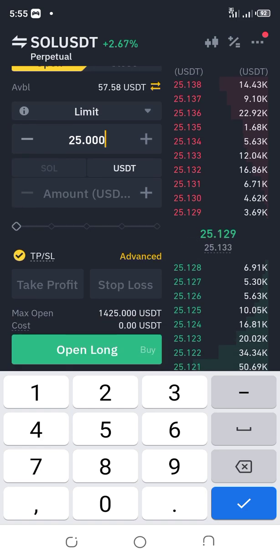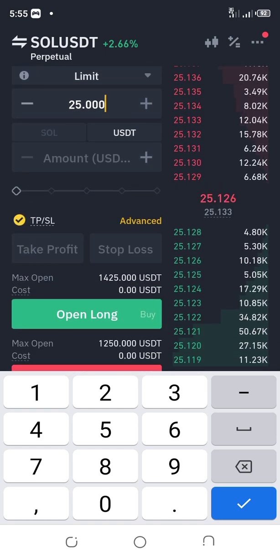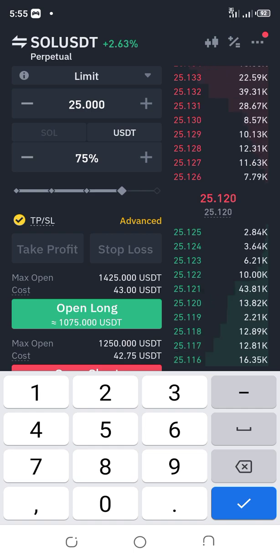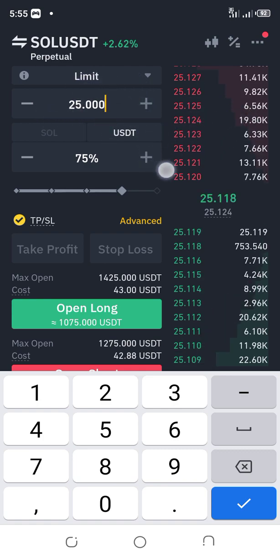Now coming to this section over here, you see where it says TP/SL. This simply means you want to put your take profit price and your stop loss price. Now, if you are buying at 25.000 and you want to buy long, it definitely means you want the trade to go from 25.000 to maybe 27.000, then you make profit.